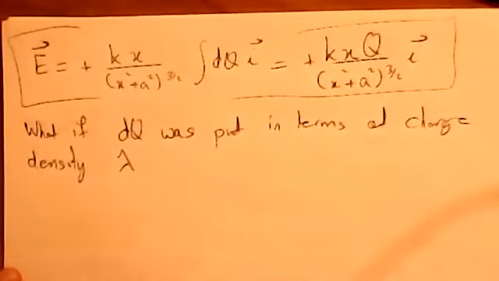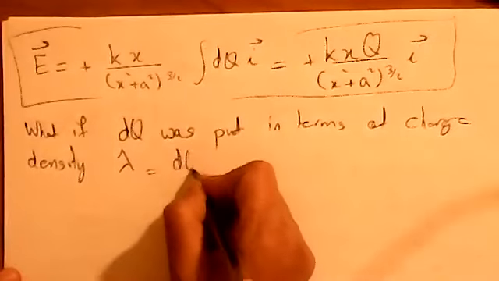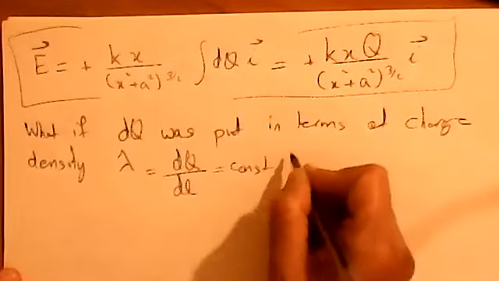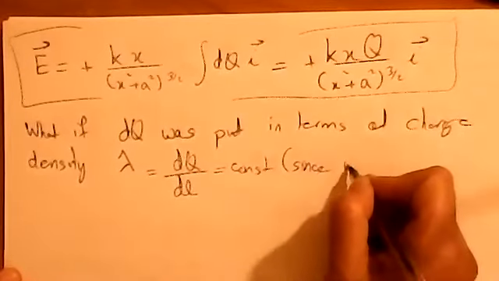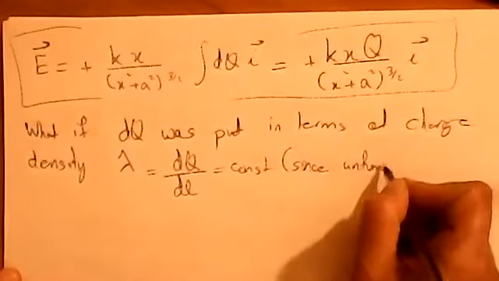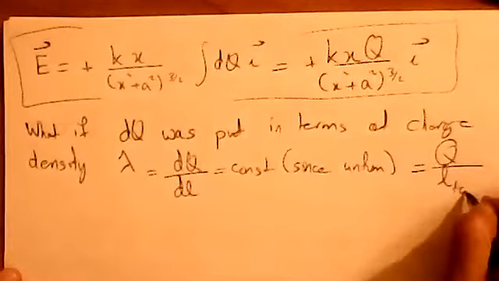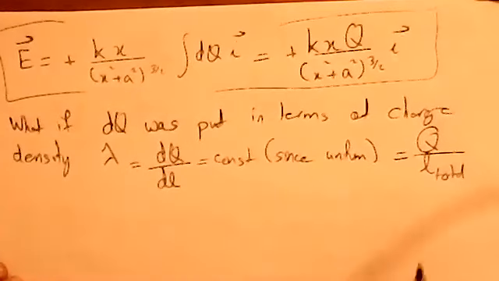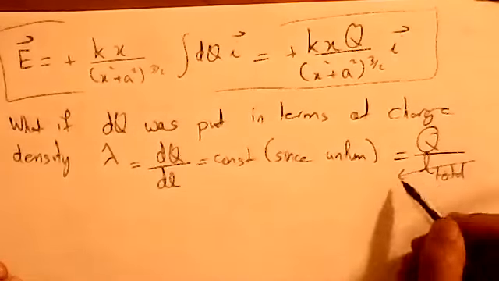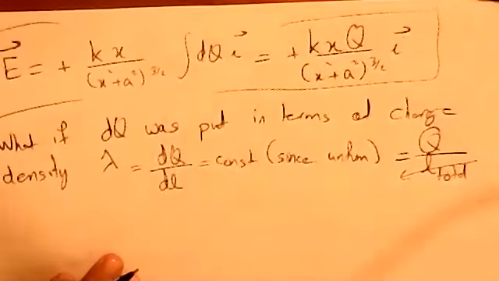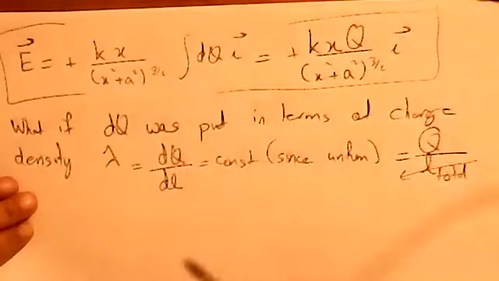I don't have lambda given, but I want to define it, which is equal to dq by dl. It's constant since the distribution is uniform, so it equals total q over the total length. The total is the total length of the ring.